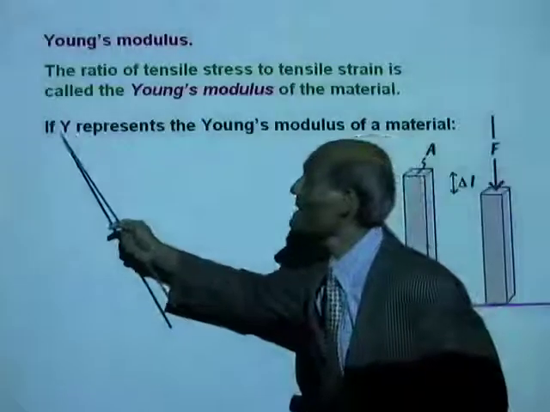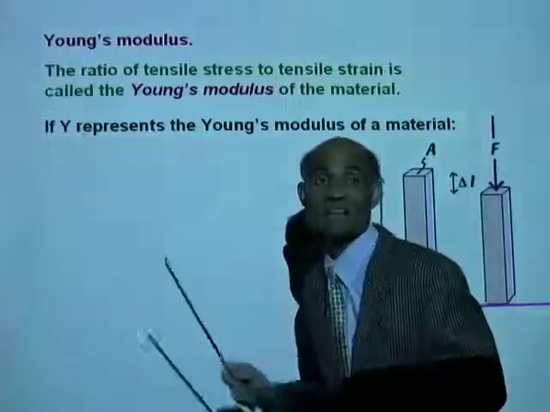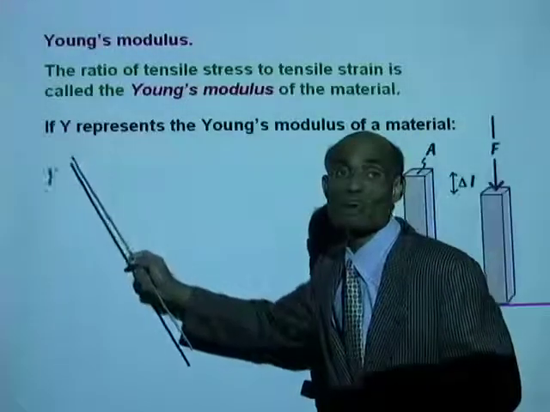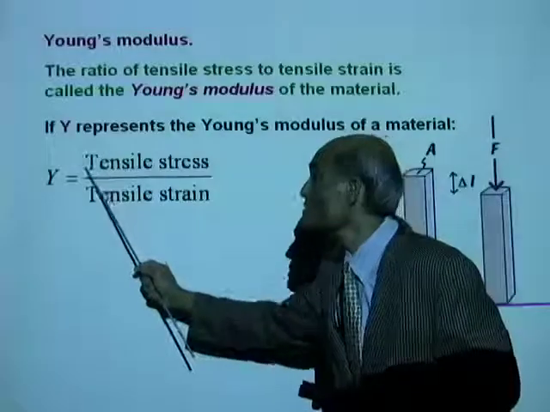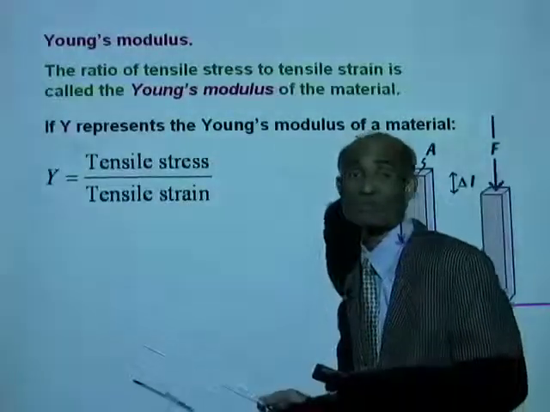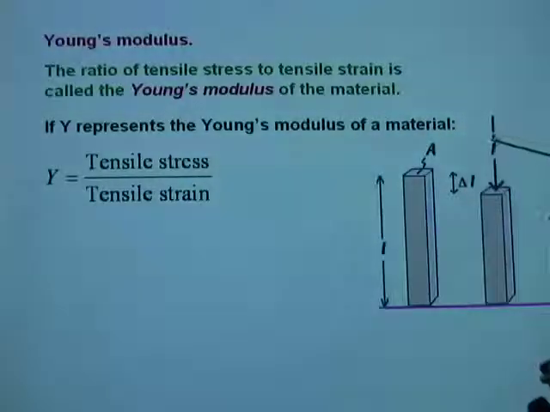Now, we represent the Young's modulus by the letter Y. If Y is the Young's modulus, what is the equation for it? It is tensile stress divided by tensile strain. And in this case, the tensile stress is F divided by A. A is the area which I am now pointing, that is the area on which the force is acting.